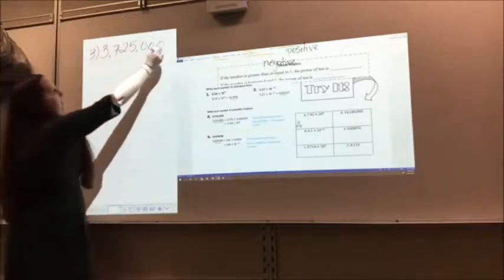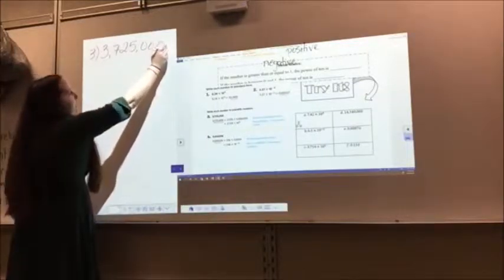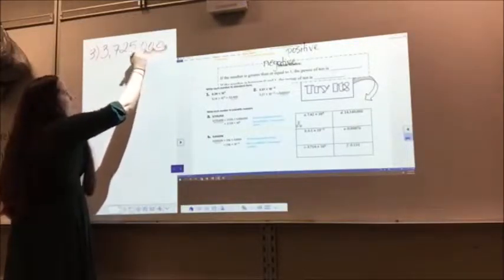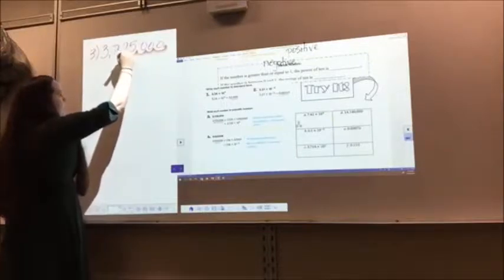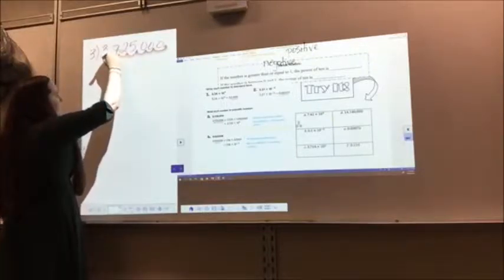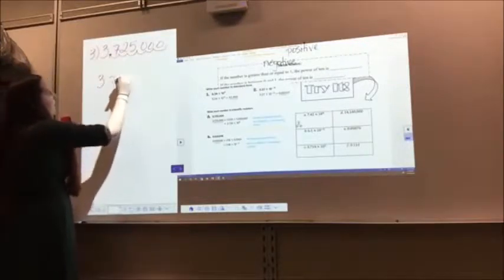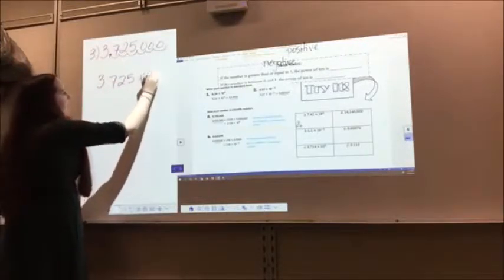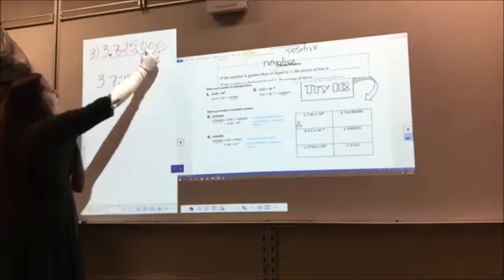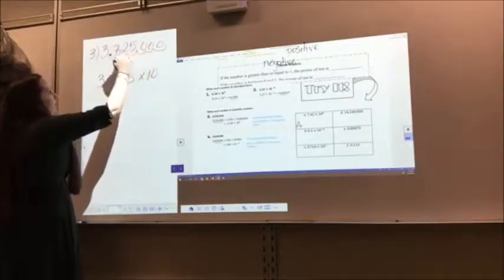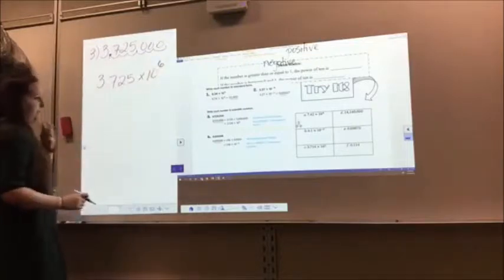I'm going to start here, and I'm moving to the left. 1, 2, 3, 4, 5, 6. This would be a good spot to put my decimal. So I have 3.725 times 10, and I moved my decimal 1, 2, 3, 4, 5, 6 spots.